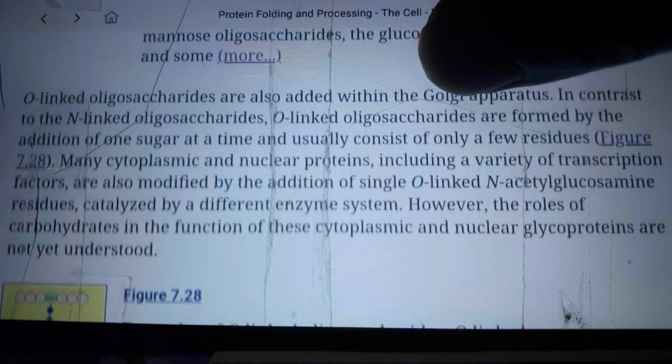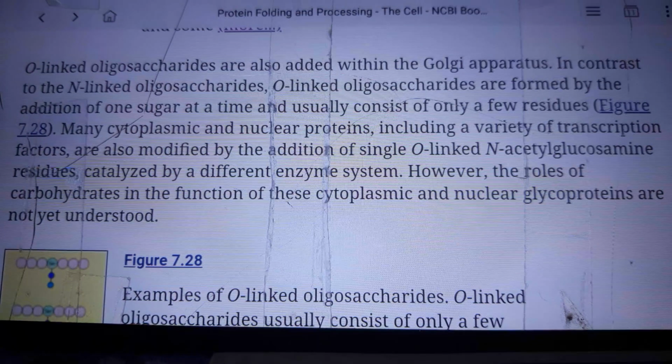And there we are in continuation. O-linked oligosaccharides are also added within the Golgi apparatus. In contrast to the N-linked oligosaccharides, O-linked oligosaccharides are formed by the addition of one sugar at a time and usually consist of only a few residues, as seen in figure 7.28.